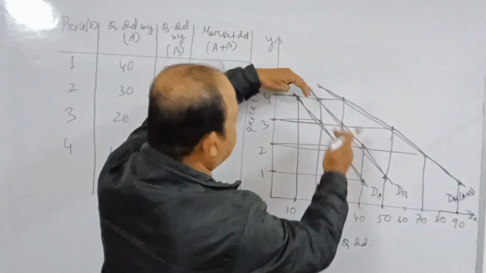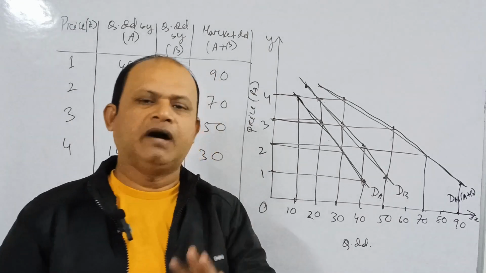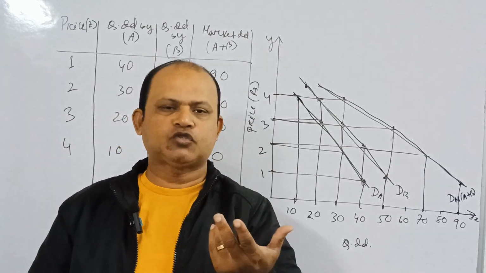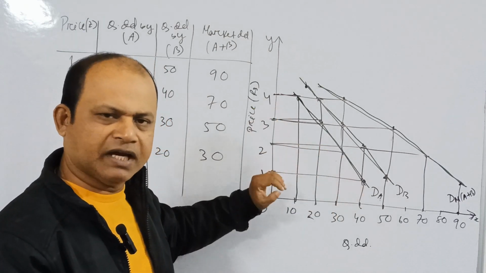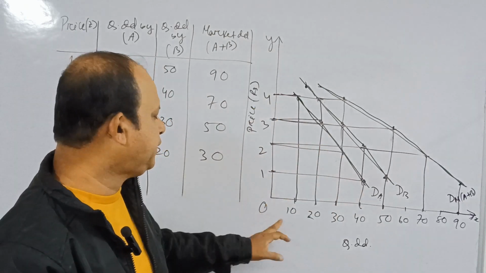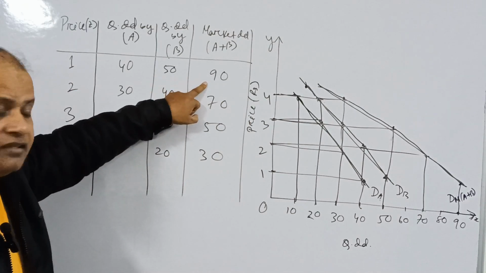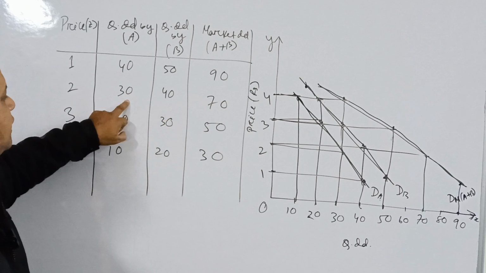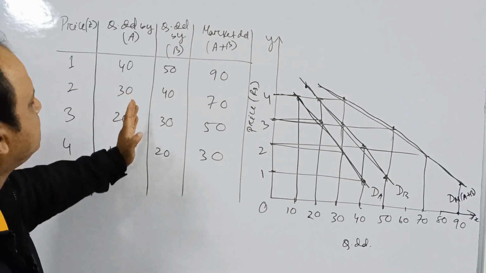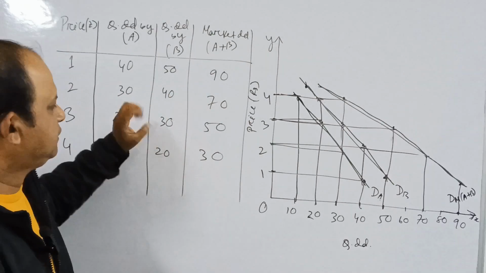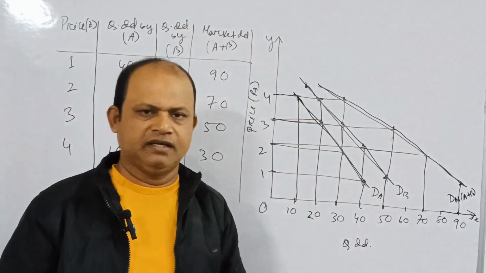You see, the individual curves are steeper, but the market curve is flatter, because in case of market demand, the response of quantity demanded to a fall in price is greater, while for an individual it was less. See, it is 40, but here it is 90. When price is 2, it is 30, but here it is 70. If you compare with A and B, you can see the response is more here, and that is why the market demand curve is flatter.